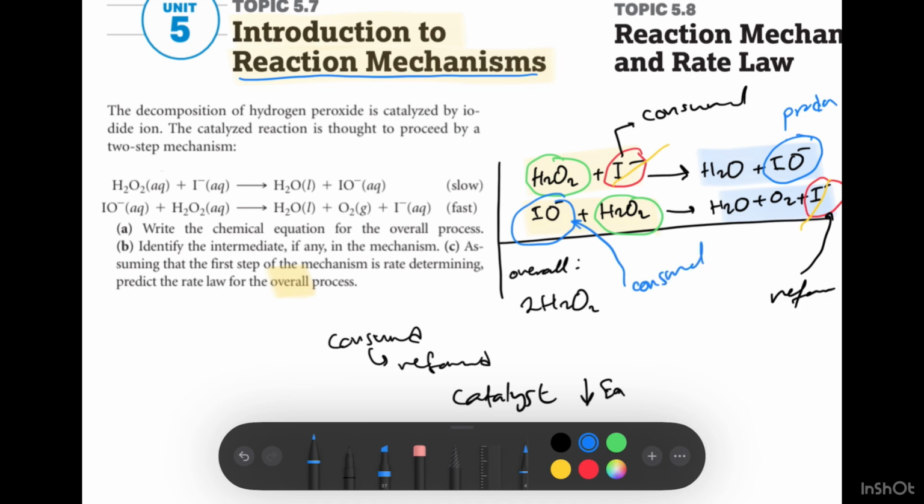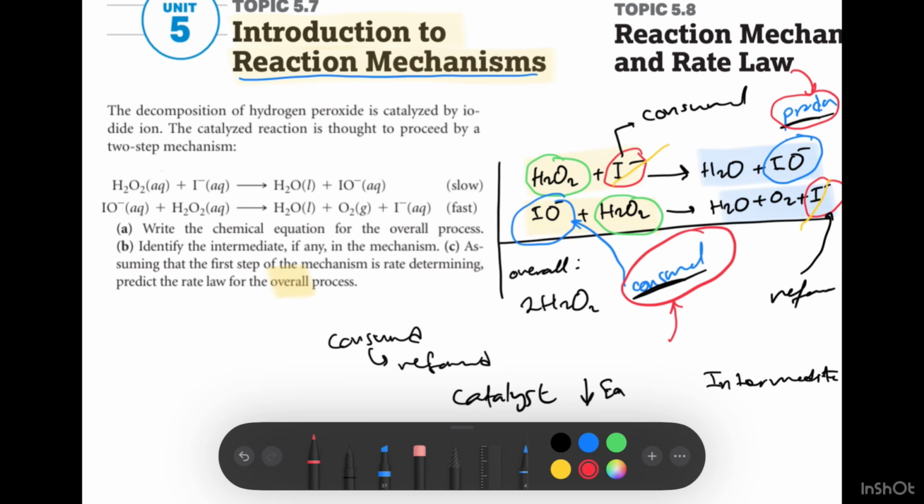So the substance that is produced and then consumed in the reaction is called an intermediate. Why did we say it's produced and consumed? We noticed that since it's in the product, then it's produced, but if it's in the reactant side, then it's consumed.